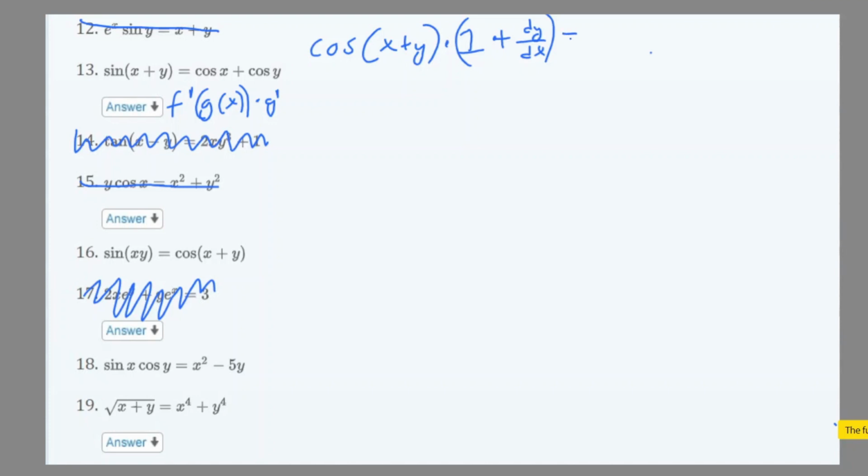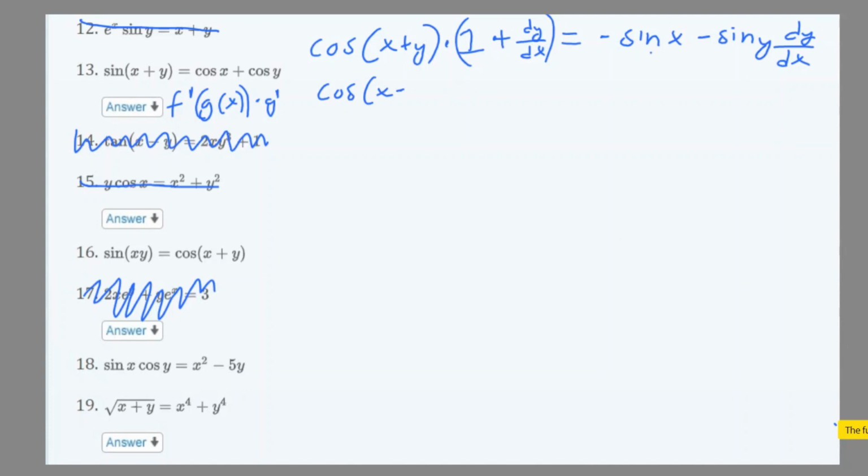And then on the other side, the derivative of cosine x is going to be negative sine x. And the derivative of cosine y is going to be negative sine y dy dx. So now we're going to do the same thing here. We're going to get the dy dx on one side. But first, we want to multiply this out, distribute it.